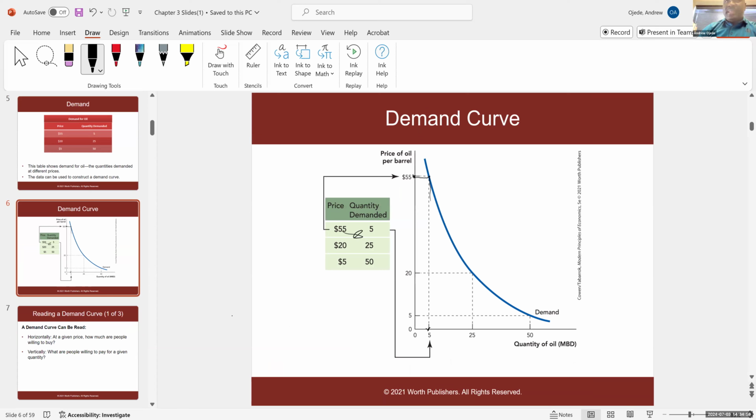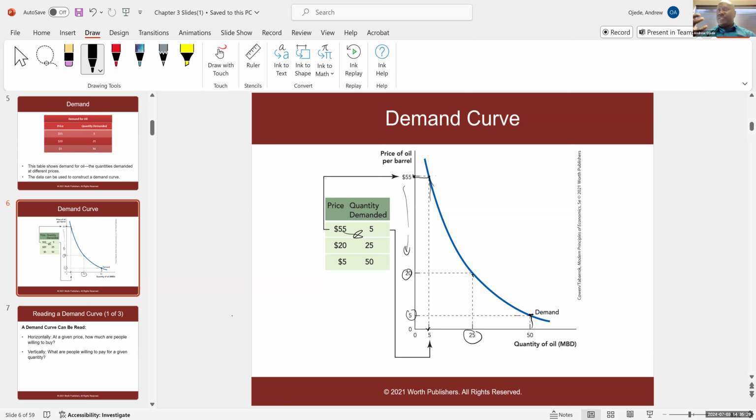When the price falls to $20, quantity demanded increases to 25, maybe 1,000 barrels of oil. When the price further falls to $5 per barrel, quantity demanded increases to 50. When you join those points, you come up with a downward sloping curve, which we call the demand curve.